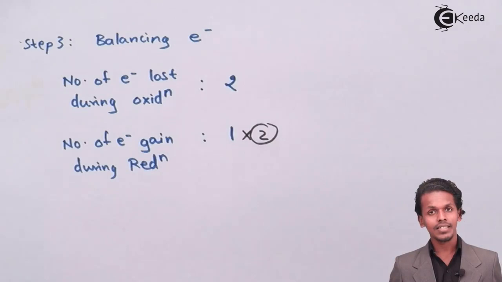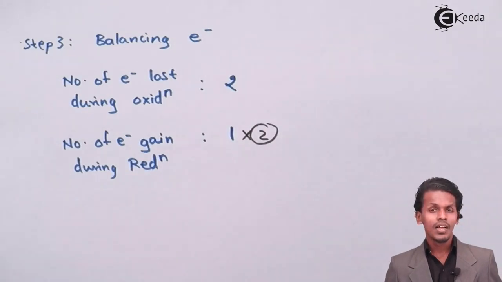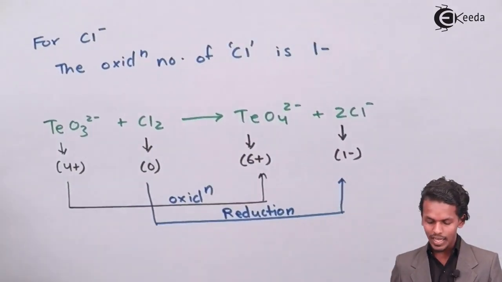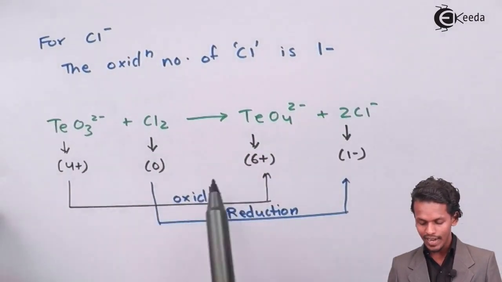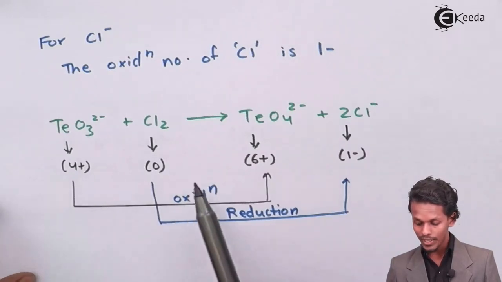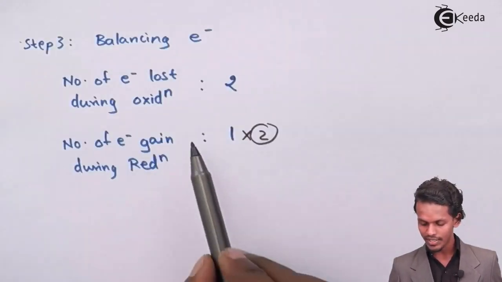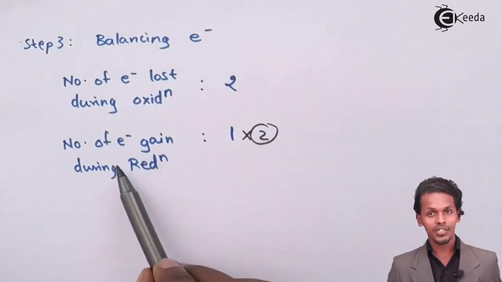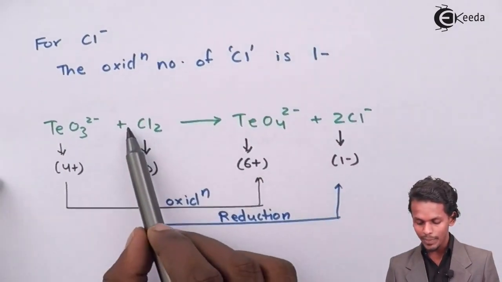So for that case, I am referring to this equation and I'm going to multiply by 2 the one which is showing reduction, because I have mentioned here 2 which is multiplied by the reduction process. So this reactant will be multiplied by 2.